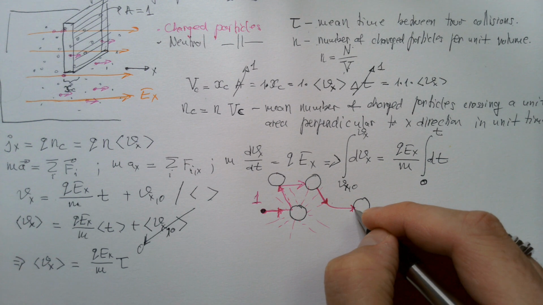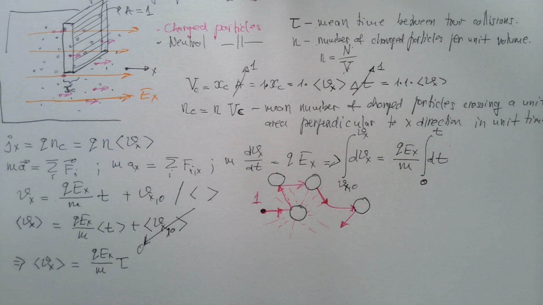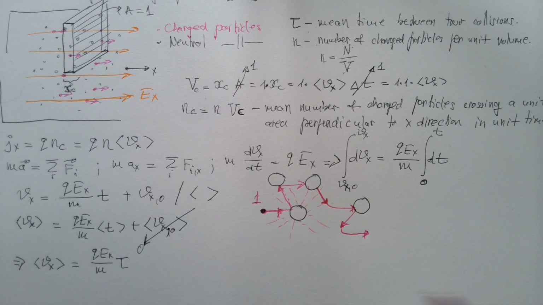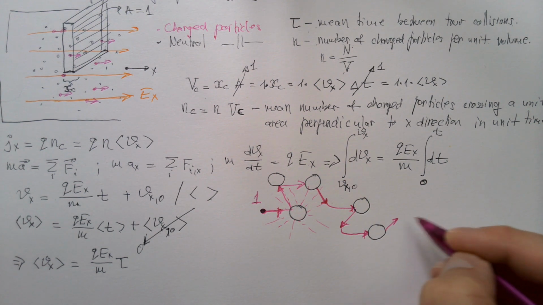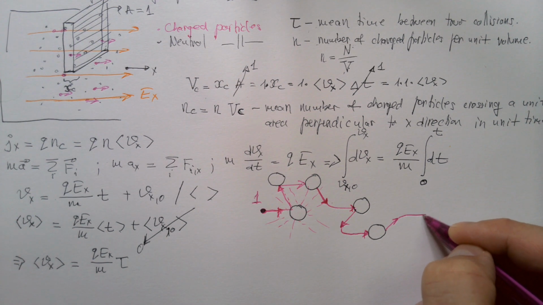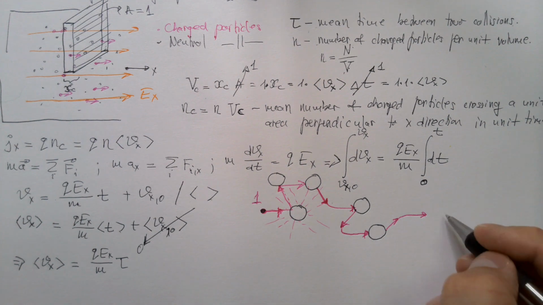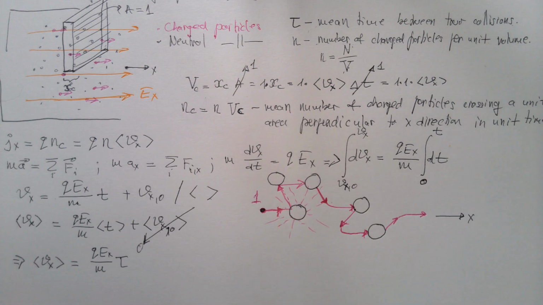Perhaps it bounces in this direction, and then over here it will again be affected by the electric field, like so, and then here it encounters another particle, but after colliding with it, it will continue in this direction. And then again it is affected by the electric field, and you can see how it will propagate in this direction of the x-axis as I indicated here schematically.